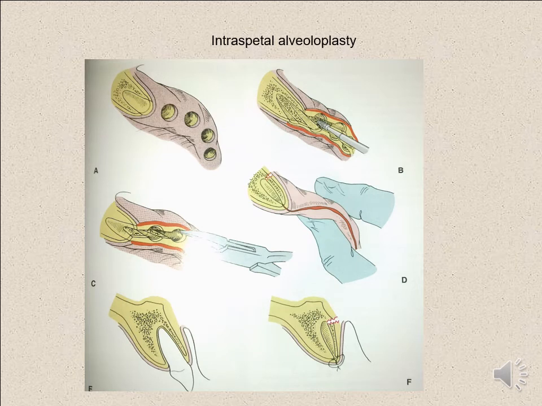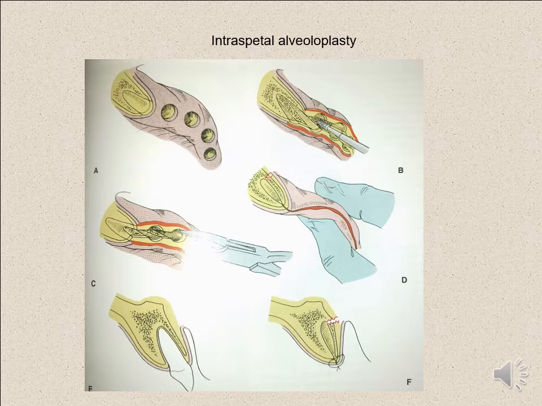The other procedure for the maxillary teeth is interseptal alveoloplasty. If there is a severe undercut in the buccal mucosa and the buccal side of the maxilla, we can do a simple interseptal alveoloplasty.